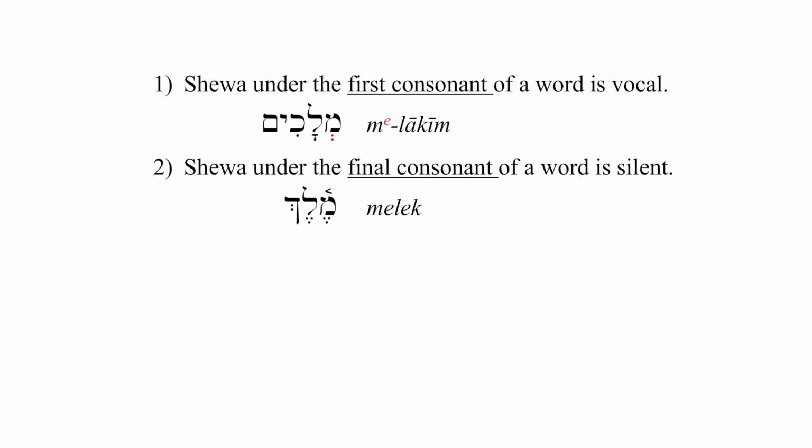If the schwa is under the final consonant, you also won't hear it. You expect a final consonant to not usually have a vowel. So in the Hebrew word melech, you see a schwa at the end, and it tells you that this consonant is vowelless. That's no problem. It's easy to pronounce.